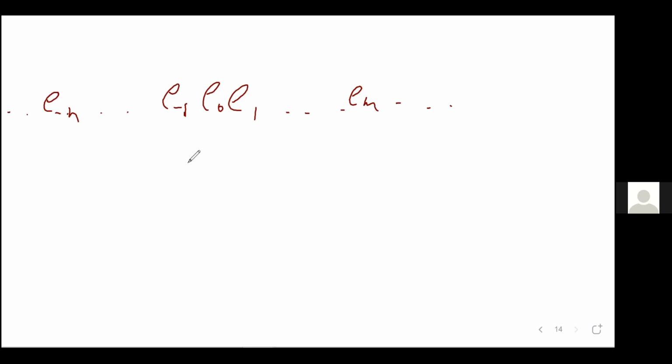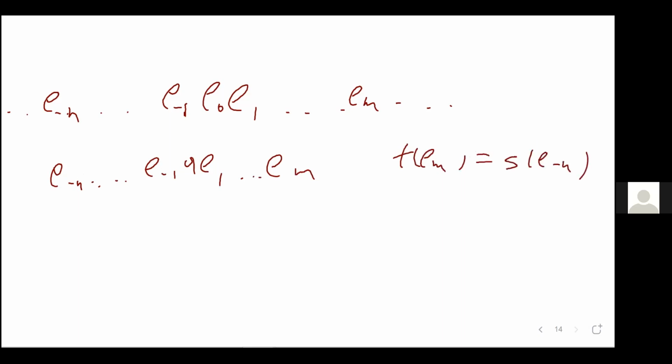All right. So I can take my A and I can write some E minus n up to E minus 1, and then I can write E1, dot, dot, dot, up to EM, and it is a loop. So it means that the end of EM is the same as the beginning of E minus n.